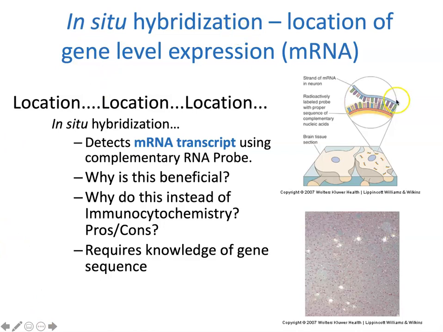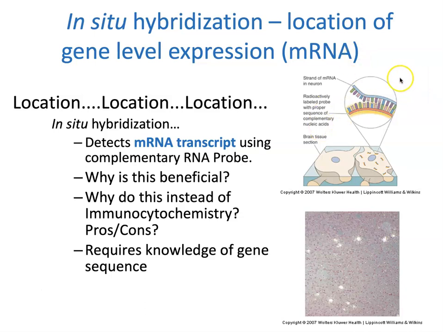And in situ hybridization uses a complementary RNA strand, which you can see here. And that complementary RNA strand is going to bind to the strand that's found in the cell for your neurotransmitter or for your receptor.